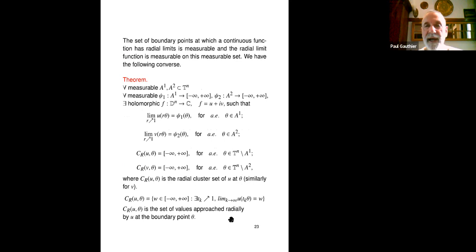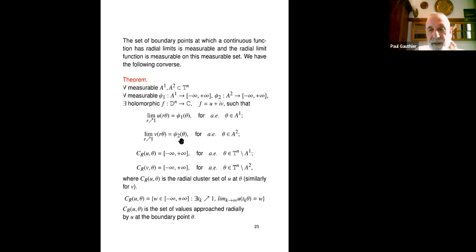The set of boundary values at which a continuous function has radial limits is measurable, and the radial limit function is measurable on this measurable set. We have the following converse. Take any two measurable subsets of the torus, A1 and A2, and take any functions psi1 and psi2 defined on these measurable sets. We allow the values plus and minus infinity. Then there exists a holomorphic function in the polydisk, therefore finite valued, such that the real part U tends to psi1 for almost every point of A1.